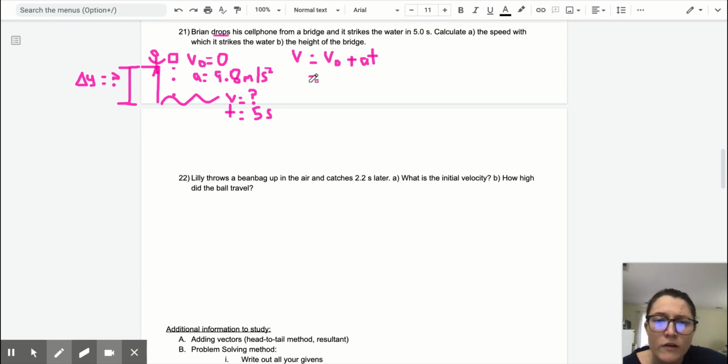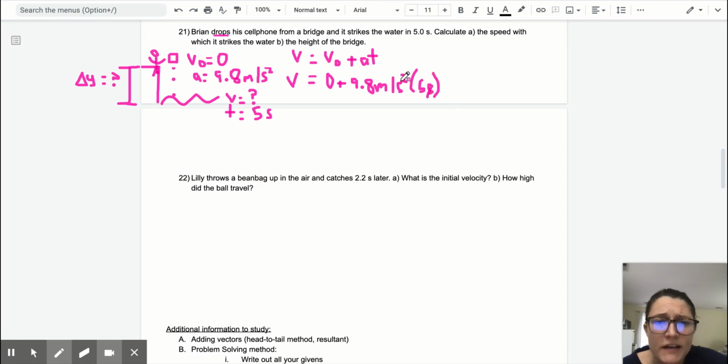We know the initial velocity is technically 0. So we're going to have 9.8 meters per second squared times 5 seconds. One of our seconds will cancel out.